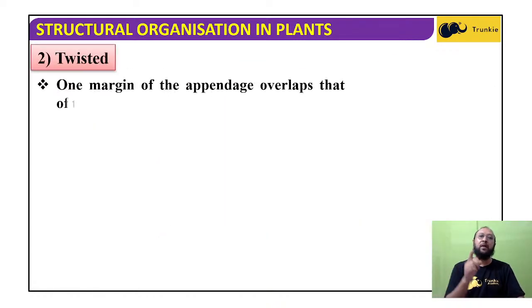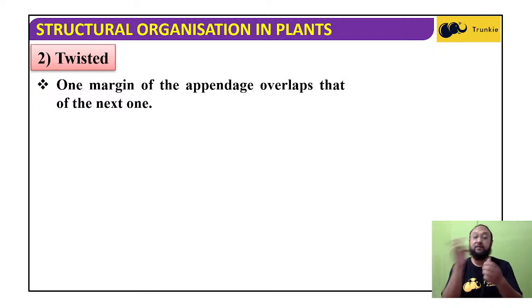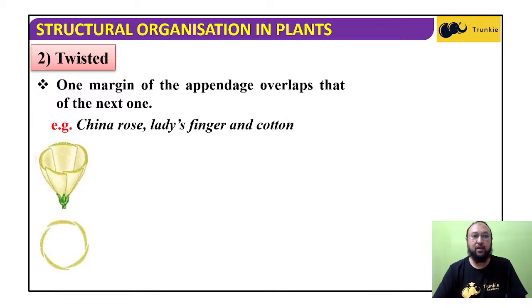Now, twisted. One margin of the appendages overlaps that of the next one. Appendages means sepals and petals. So here in China rose, they are overlapping a little bit. Also the flowers of lady's finger and the cotton plant.